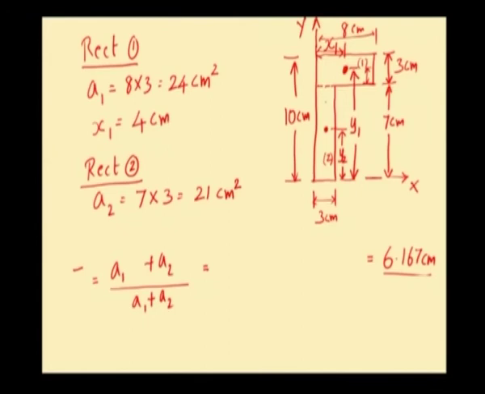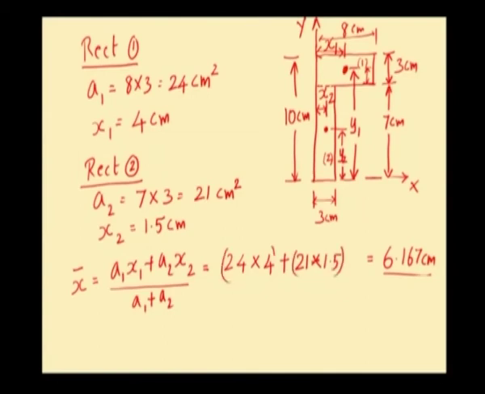Likewise, we shall get the value of distance of center of gravity of rectangle 2 from y axis, which will be x2. So, x2 will be equal to half of 3, which will be 1.5 centimeter. X bar will be calculated as a1 x1 plus a2 x2 divided by a1 plus a2. That is 24 into x1, where x1 is 4, plus a2, 21 into x2, where x2 is 1.5 centimeter. This whole is divided by the sum of the areas, 24 plus 21.